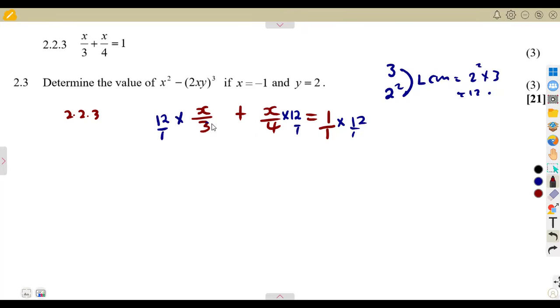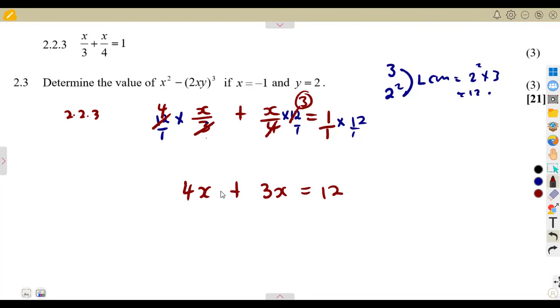So what you're simply doing is 3 into 12 is what? It's 4. Or 12 divided by 3, that's 4. Then 4 times x, that will be 4x, plus 4 into 12, that's 3. So 3 times x, that will be 3x, is equal to 1 times 12, which is 12.